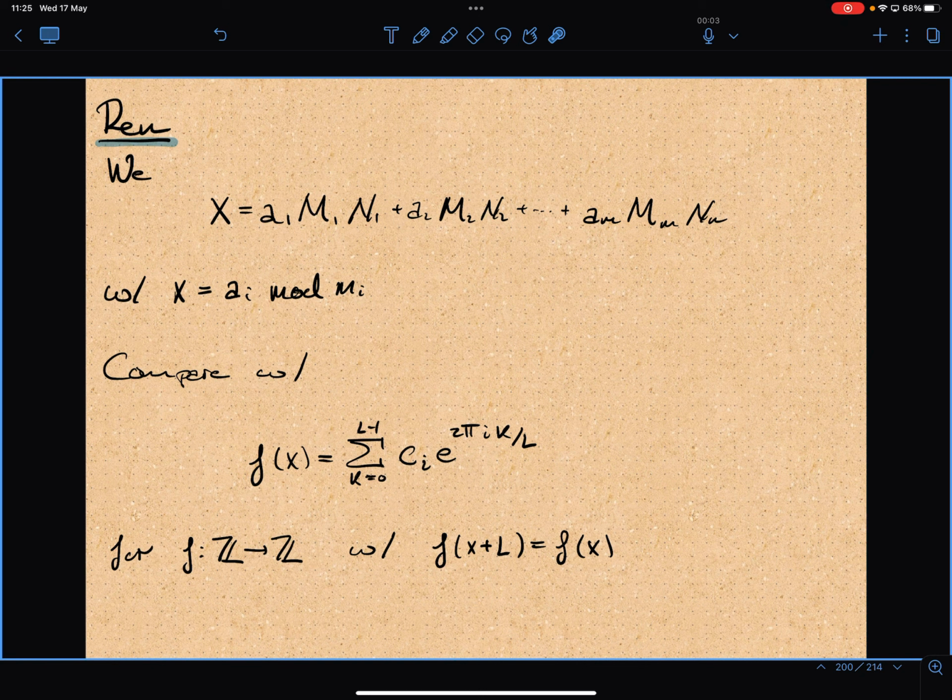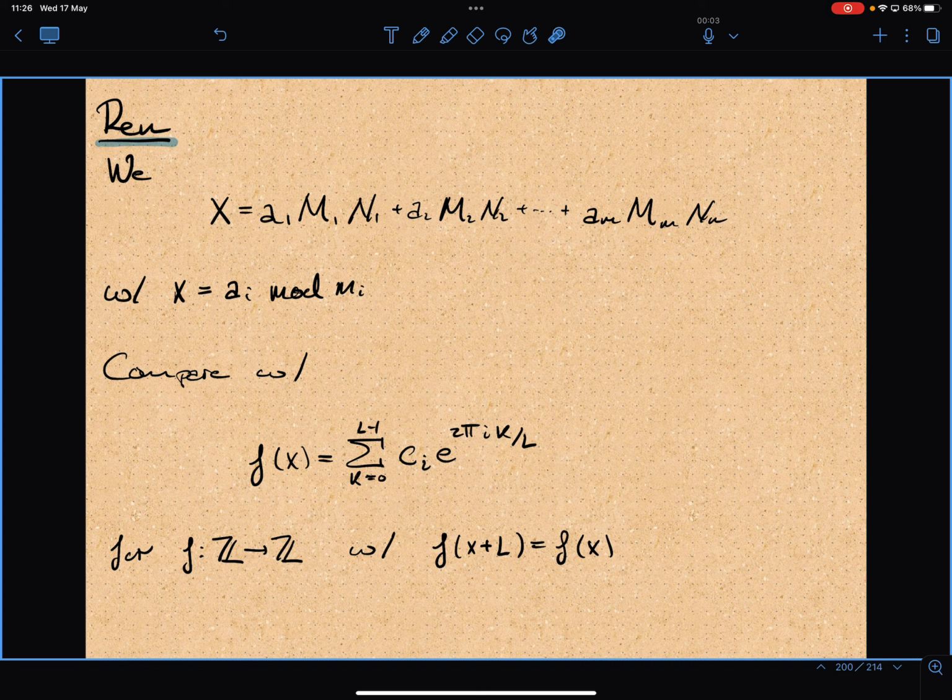Now we get to a fun part, the remark about this. What's going on with the Chinese remainder theorem? My claim, or the observation to make, is that the Chinese remainder theorem is a Fourier transform. Let me compare it to periodic functions from the integers to the integers that have period L. The Fourier transform says that you can decompose it into different frequencies.